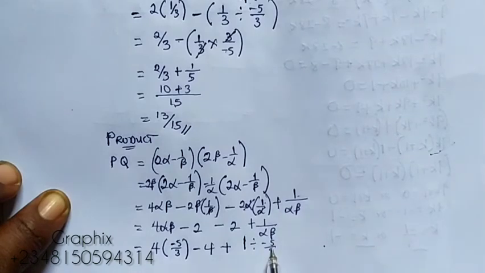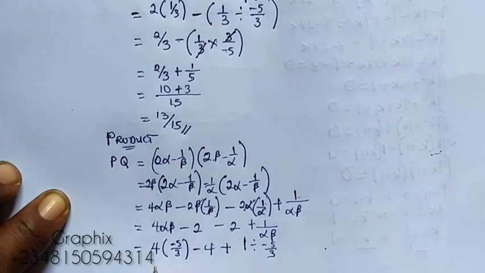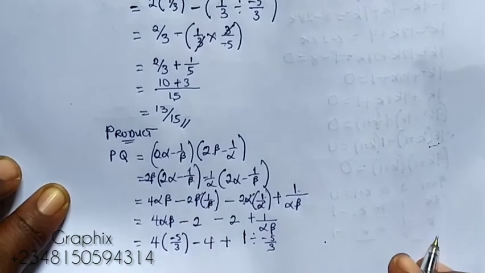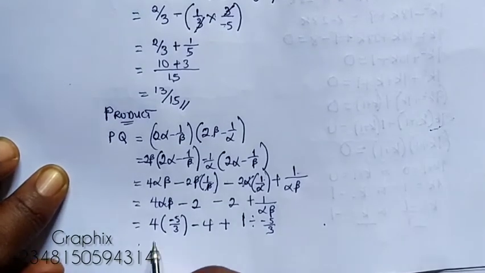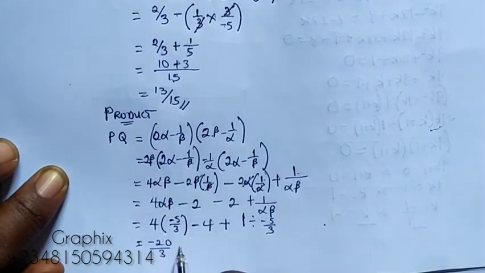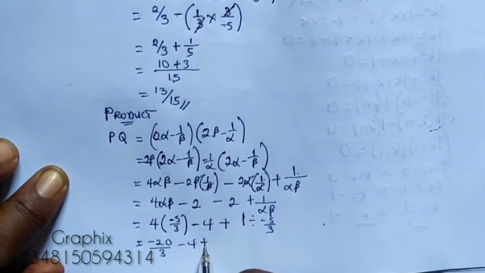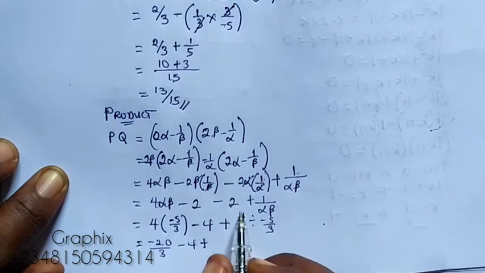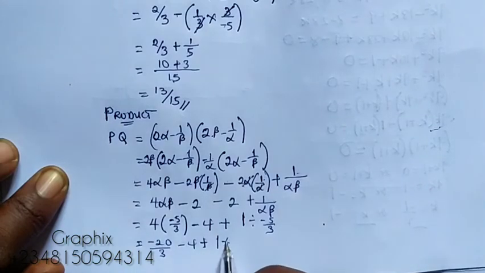Minus 5 over 3. So from here we'll be having 4 times 5 is 20. That is minus 20 over 3 minus 4 plus 3 plus what? This guy will give me 1 times 3 over negative 5.